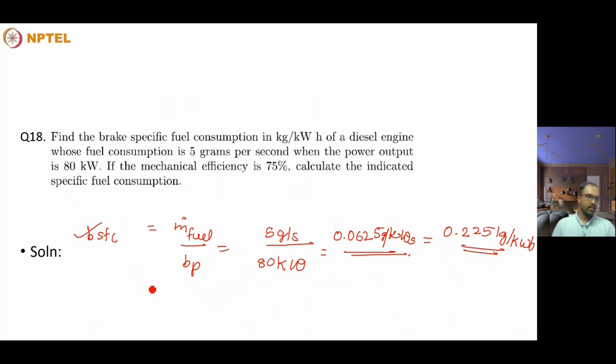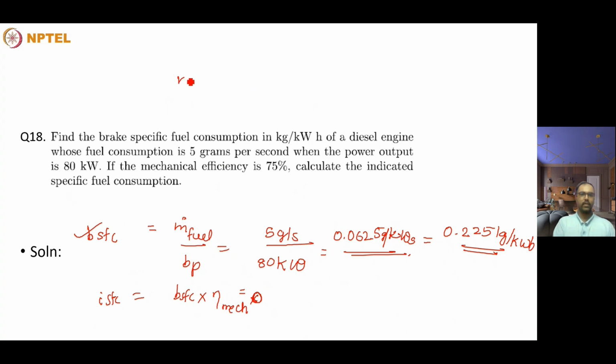So the indicated specific fuel consumption is equal to brake specific fuel consumption multiplied by the mechanical efficiency. The mechanical efficiency is equal to the indicated specific fuel consumption divided by brake specific fuel consumption.